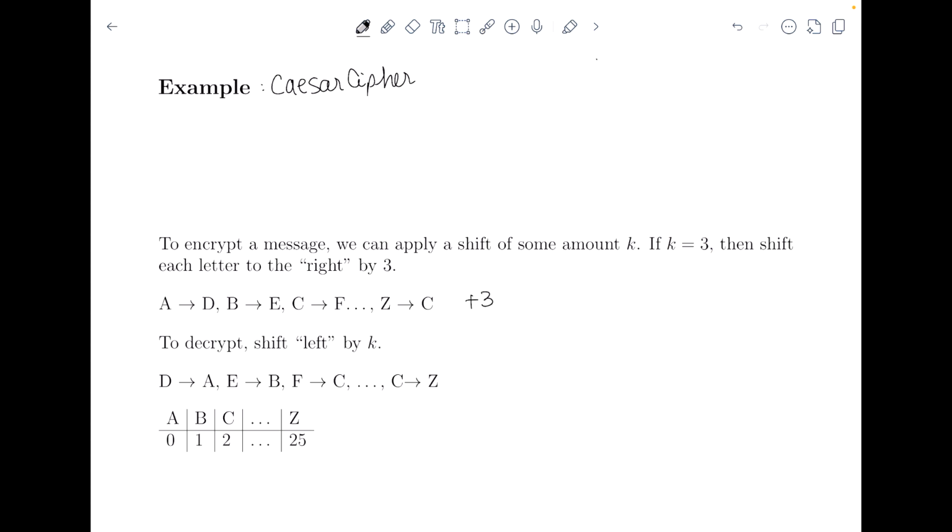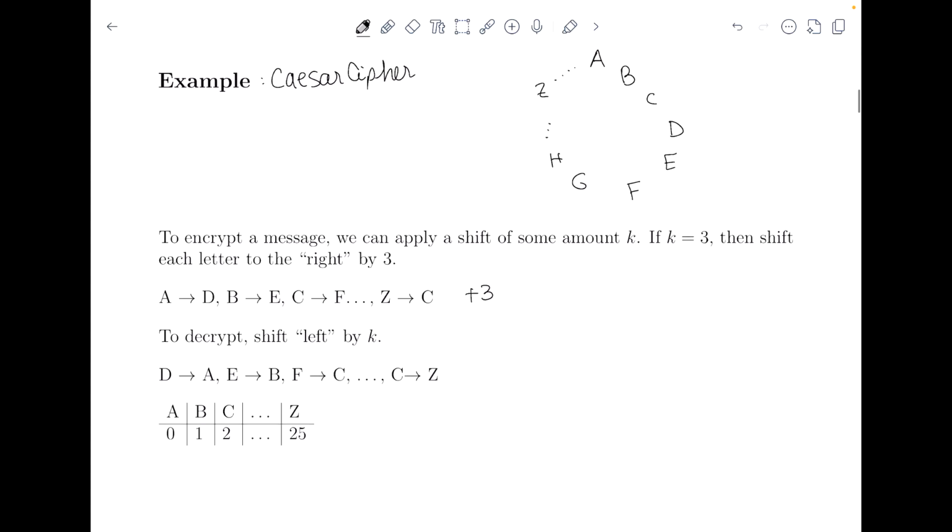So A is 0, and D is 3, so adding 3 is going to make A go to D. One thing to remember is that once we get to Z, it has to somehow come back to A, and I can't exactly add 3.